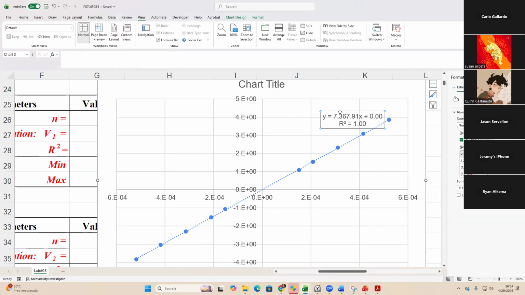Do you see here? I'm getting R squared equal to 1 because I had only 2 decimal places. But if I increase it, let's say, to 6 decimal places, the number is no longer 1. Okay, Carlo? You have to increase the number of decimal places, not just of the R squared, but of the trend line label.